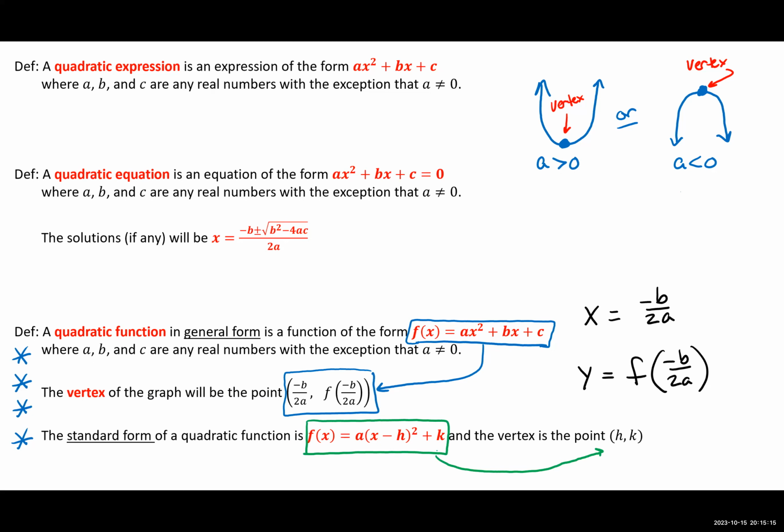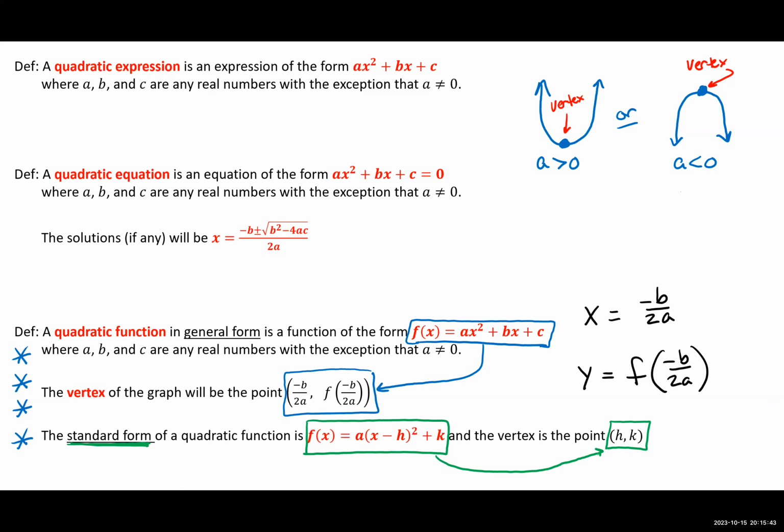The h and the k are only in the green one. So those numbers are different or potentially different. If you have a function in standard form, this one's easier to work with because you don't have to do any calculations. You just read the numbers directly off of the function, and that's the vertex.